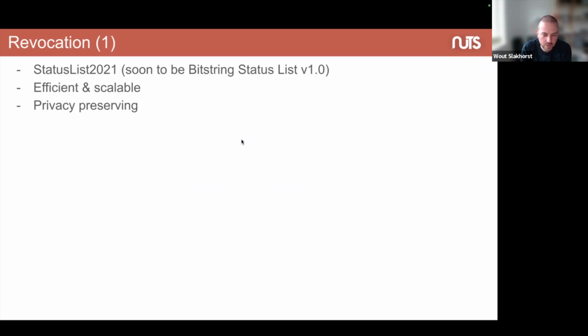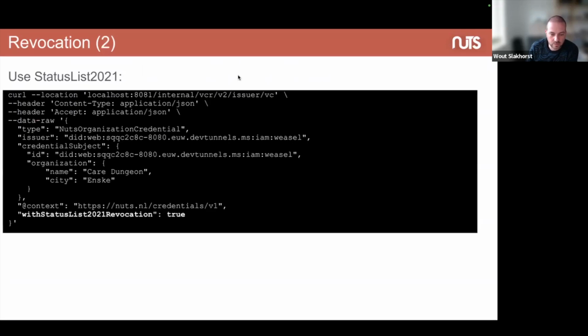The new version will be called Bitstring Status List version 1.0. This is a mechanism which is pretty efficient, scales well, and is also privacy preserving. And you only have to download a file over HTTPS, which the NUTS node will do for you.